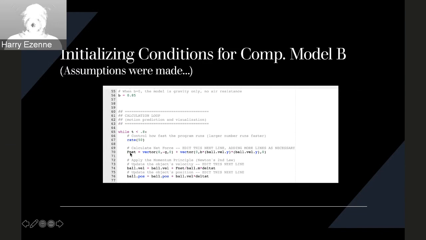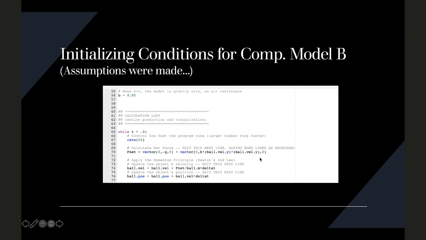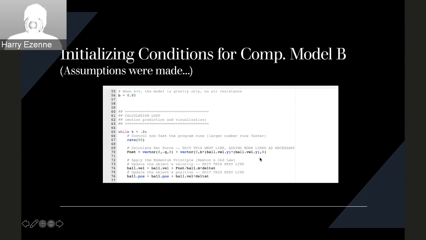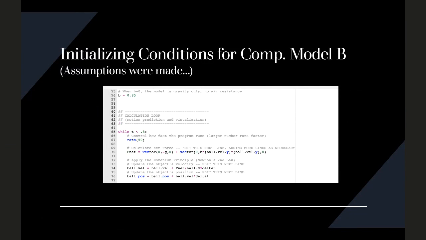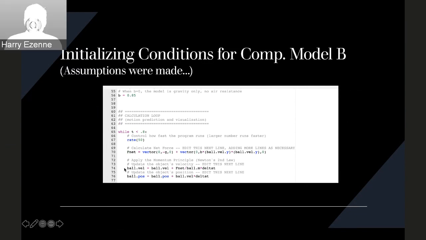And then for calculating the net force, it was this vector plus that vector, which is the formula for the drag force. Over here are the position update and the velocity update formulas.